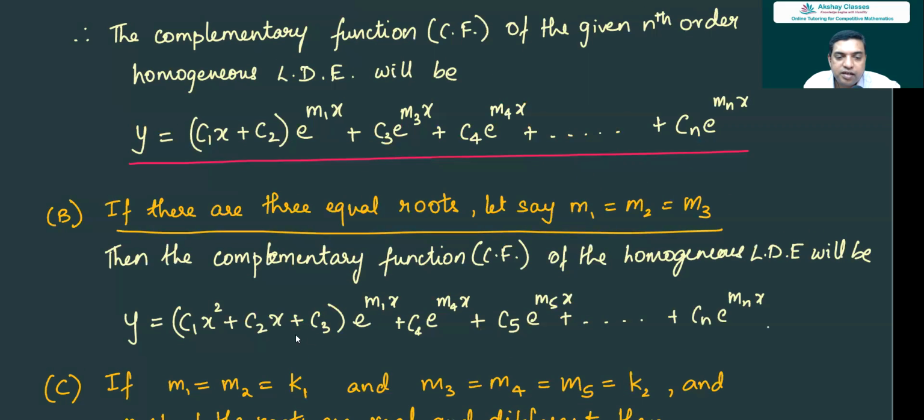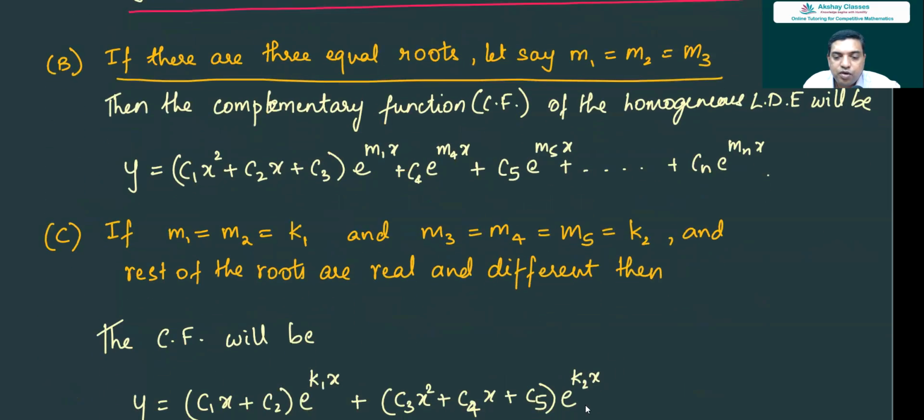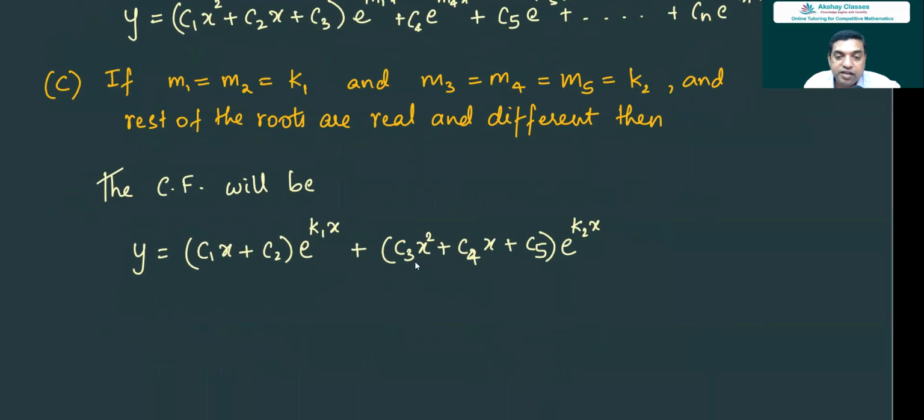So it becomes a quadratic, and if four roots are equal, this will become a cubic. This just goes on. Now, plus the rest are all different: c6 e power k6x and cn e power knx.